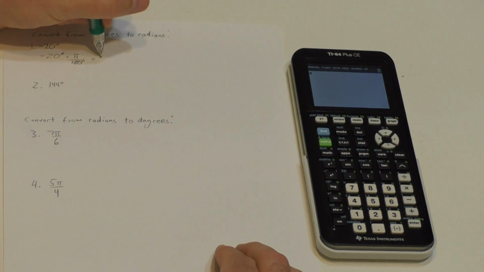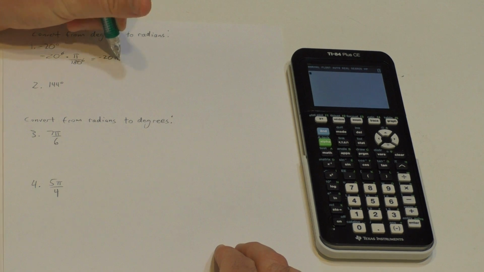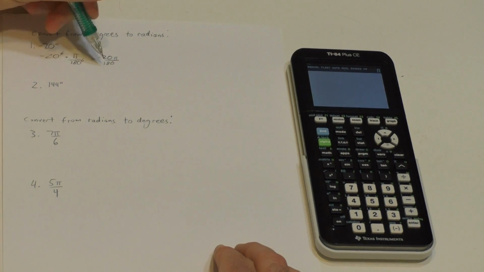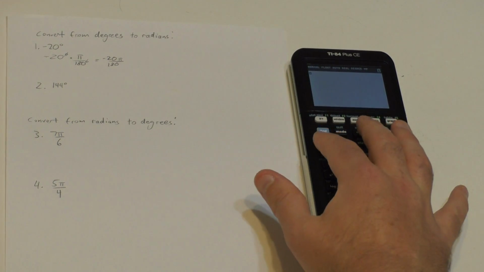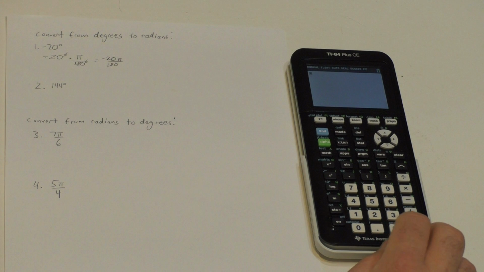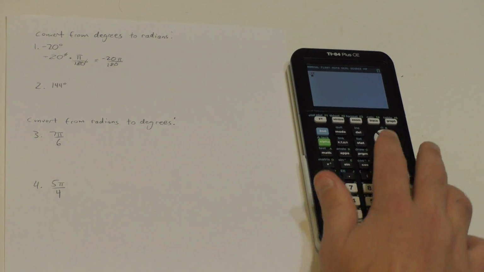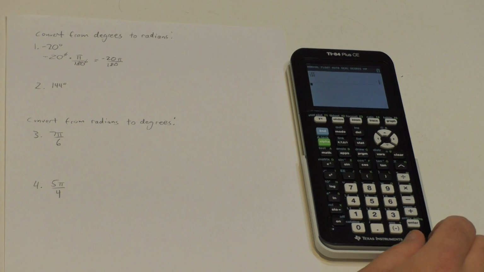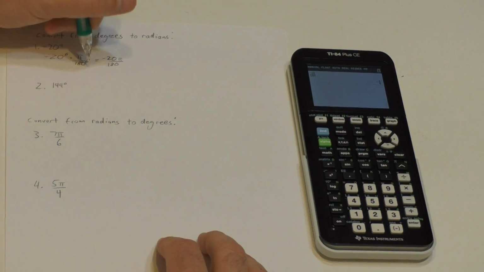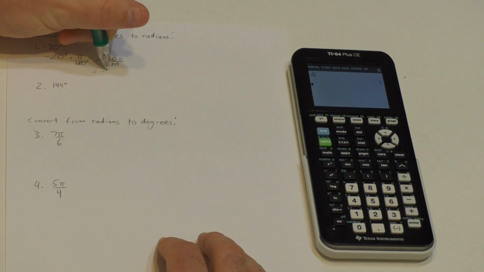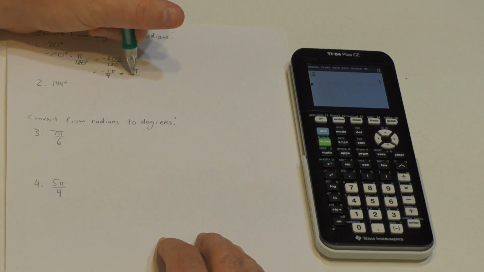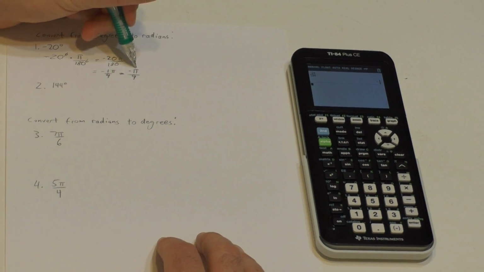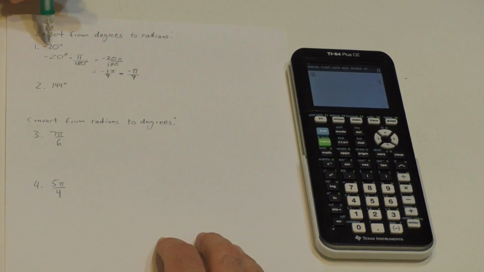I'm just going to have negative 20 over 180, times pi. So I have a fraction of negative 20 over 180, and I can do that by hand or in my head, but I can also put it in my calculator like this. So I can put negative 20 over 180 to get it reduced to negative 1/9. So this will equal negative 1/9 times pi, which is negative pi over 9. Okay, so that's the radian measure of negative 20 degrees.